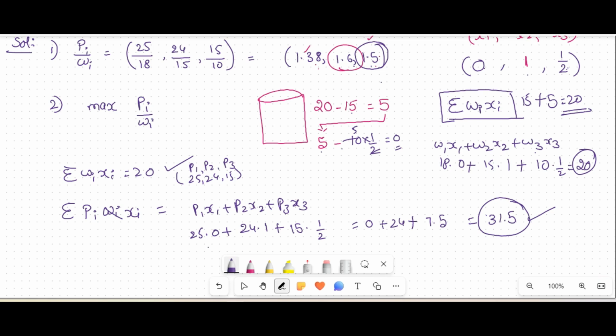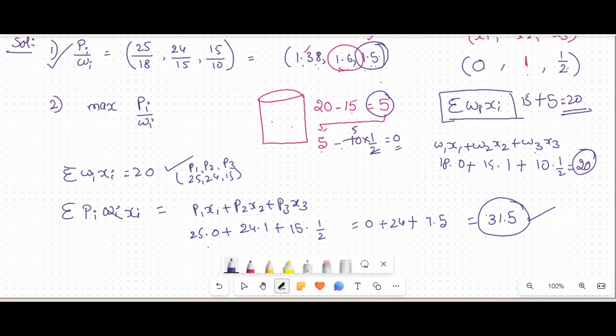So what have we done? Let me explain once. First we calculated the pi by wi value. Now which object do we have to add to the knapsack? The object having the maximum pi by wi value, that object we have to add. Then with the leftover weight, again consider the next maximum pi by wi object.